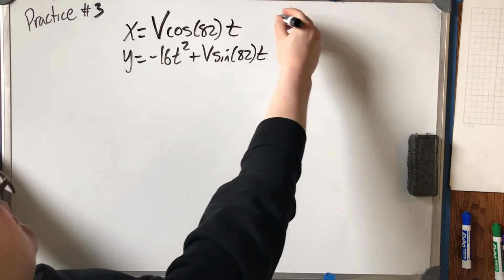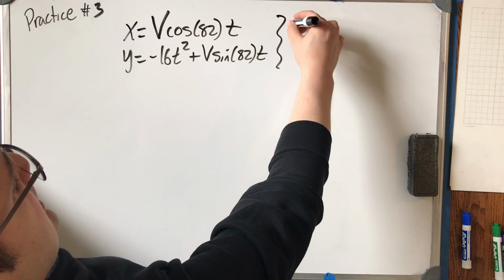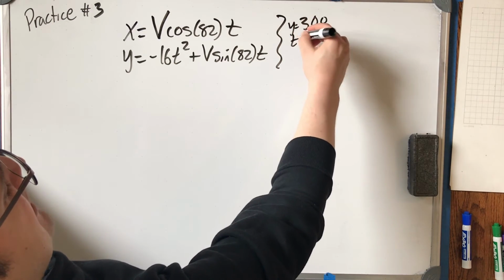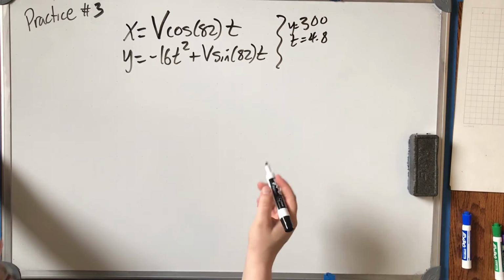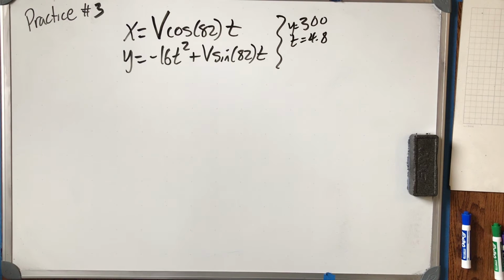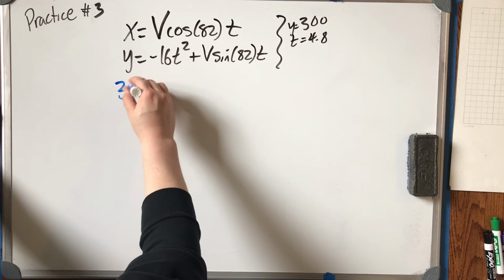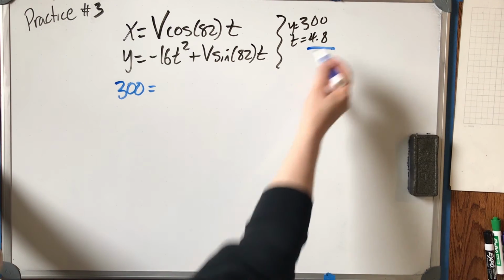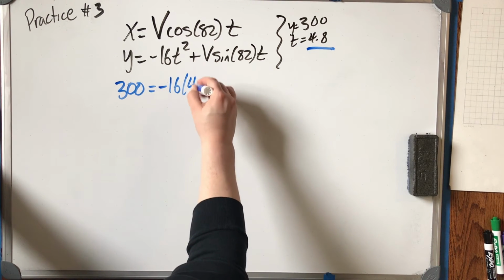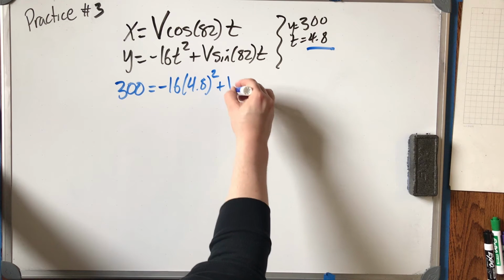We got some other information that they gave us, right? We want y to equal 300 when t equals 4.8. So we can use that information to backtrack and figure out what the velocity needs to be in order for this equation to work out. I can plug this carefully into the calculator.